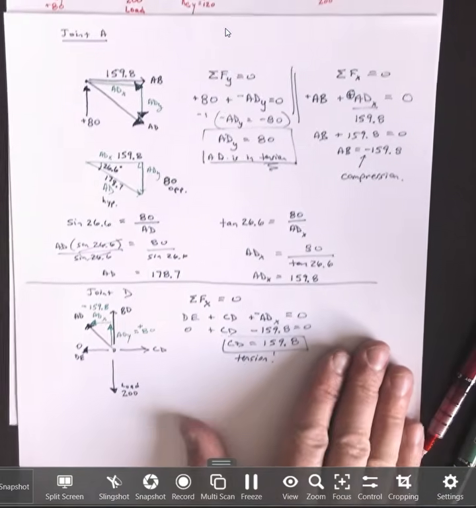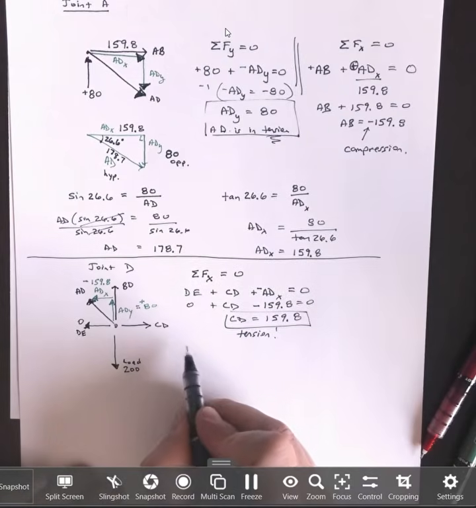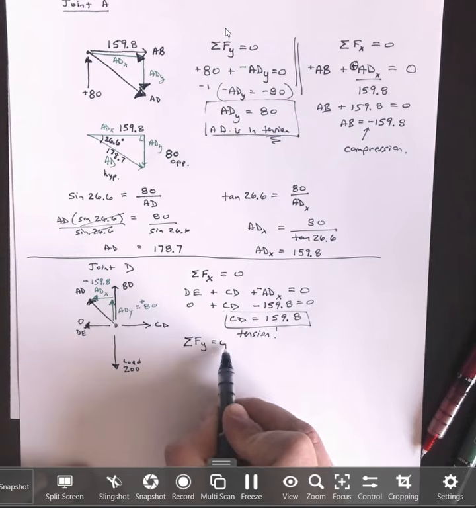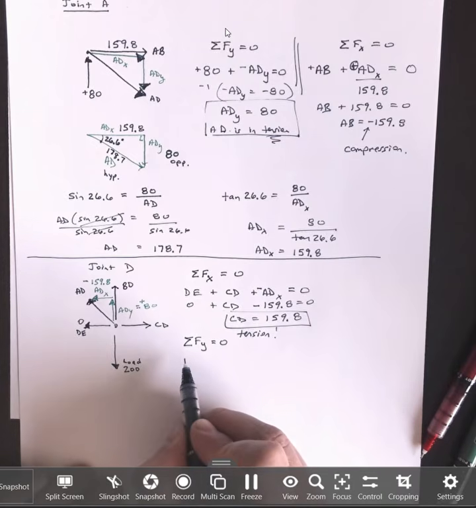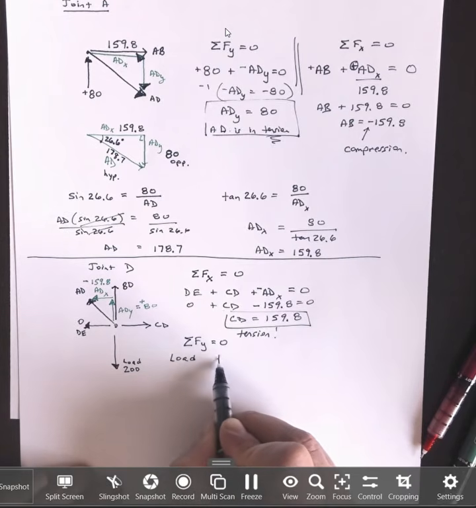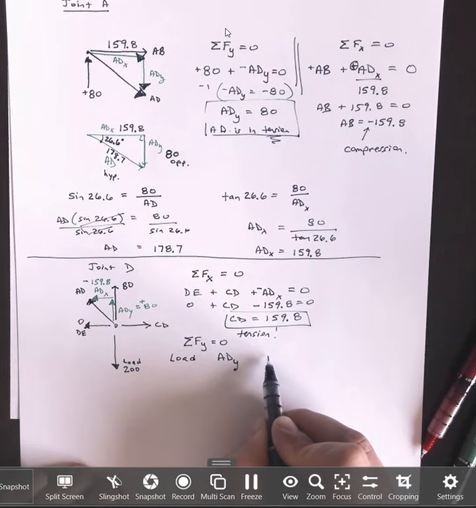Now vertically, the sum of all the forces that are vertical have to add up to equal 0. They are the load, the diagonal AD's vertical component, and BD.